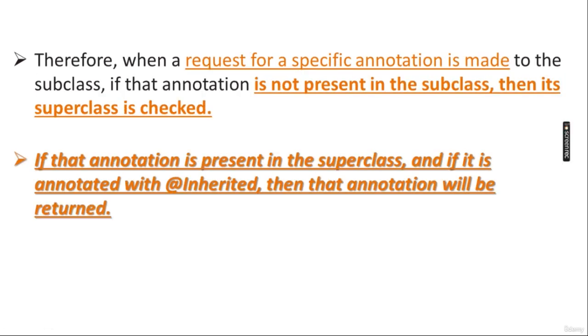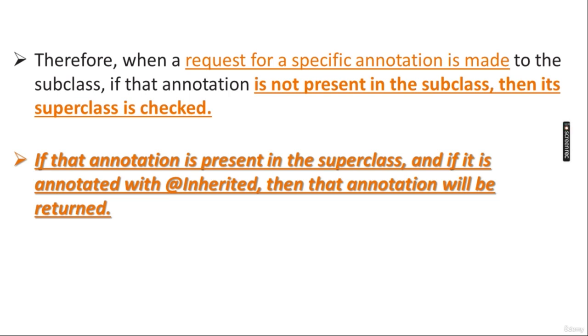And when a request for a specific annotation is made to the subclass, if that annotation is not present in the subclass, then its superclass is checked. So whenever you call with the subclass object and check for that particular annotation, since we have provided the @Inherited annotation, if that annotation is not present in the subclass, it will be checked with its direct superclass.